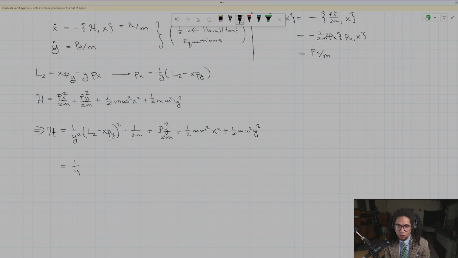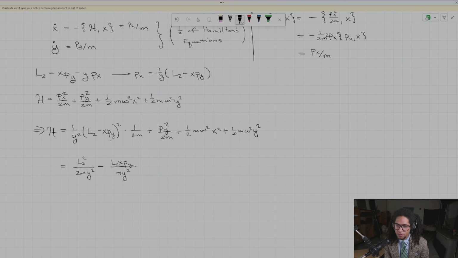Okay, let me expand the right-hand side. So I'll get 1 over y squared times lz squared over 2my squared. That's probably a nicer way to have it. And then minus, I'll get a 2 from the fact that it's a cross term. Then I'll get lz x py over, the 2 in the numerator will cancel the 2 in the denominator, my squared.